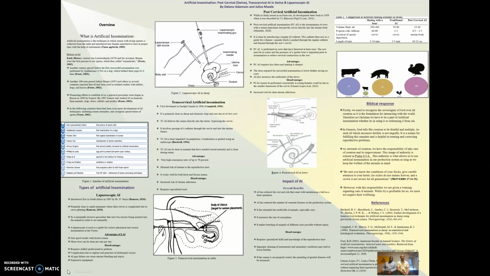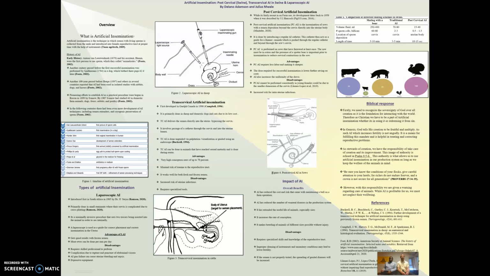Alright. The other technique that we're going to talk about is transcervical artificial insemination. This is what most would refer to as traditional insemination, and it was pioneered in 1990 in Canada by Campbell and his counterparts. It is primarily done in sheep, domestic dogs, cats, and smaller animals due to its low cost.